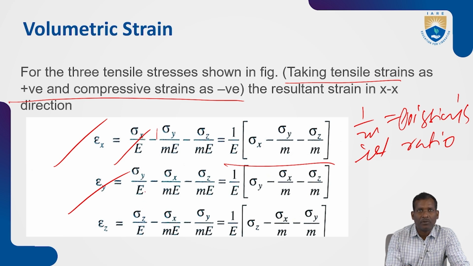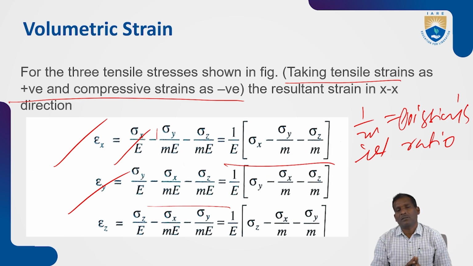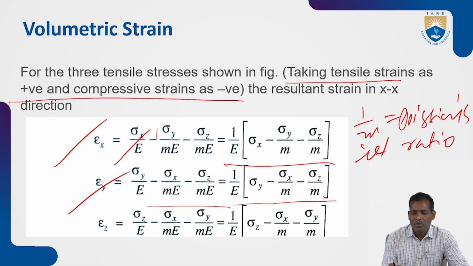The tensile strain in y direction, minus the effect of x direction, negative, and sigma z by m also negative. Why? Because in tensile nature the body is elongated, in compressive the dimension will be shortened. So now 1 by E, sigma y minus sigma x by m minus sigma z by m.